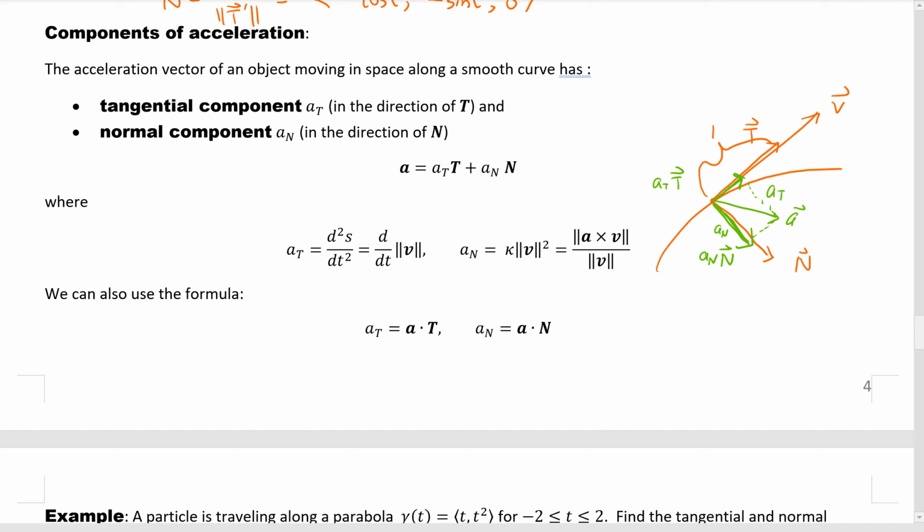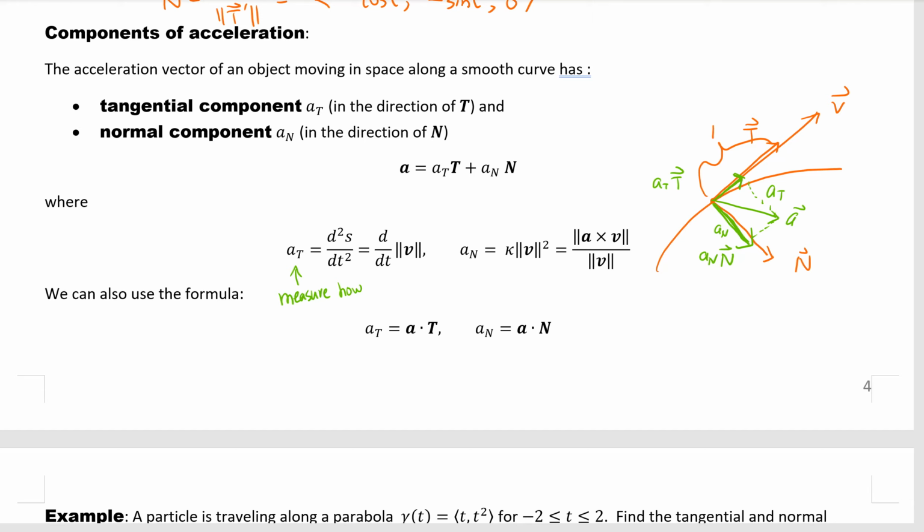So A_T measures the change of the velocity. It denotes the portion of the acceleration we use to change the speed. For velocity we have the speed and the direction.